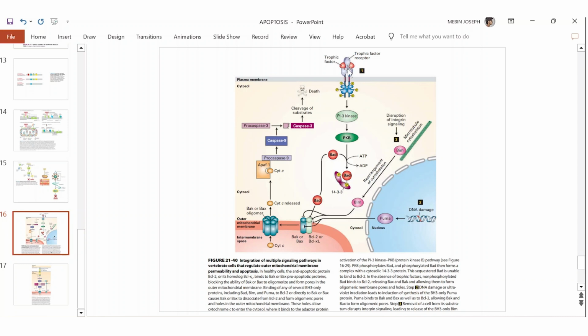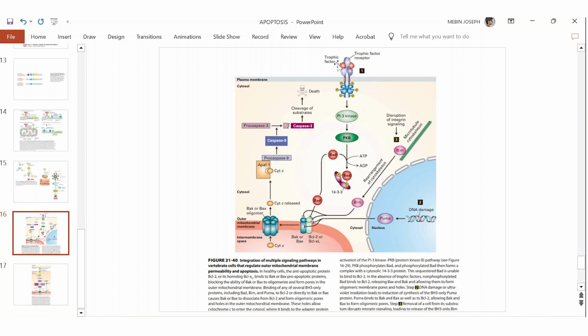That means the growth factor will always come to its receptor and keep the protein kinase B signaling on, and the protein kinase B always phosphorylates our BH3-only protein BAD. And we know that BH3-only family proteins bind with anti-apoptotic protein, thereby freeing pro-apoptotic protein to activate our apoptosis pathway.